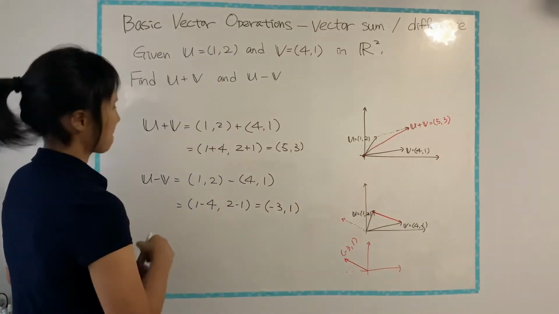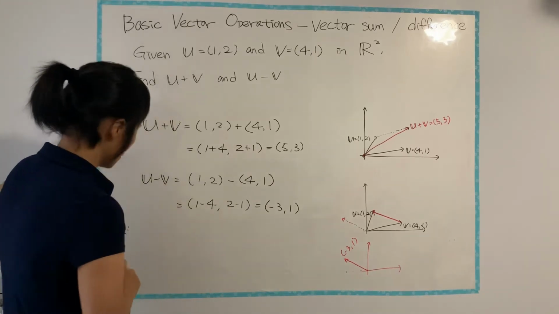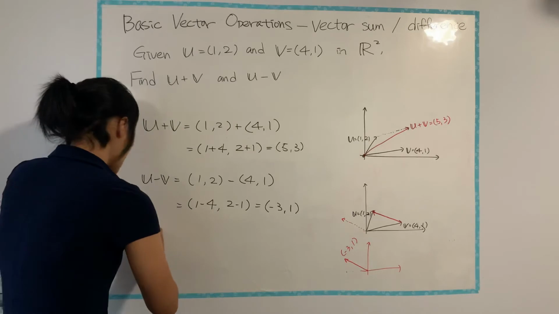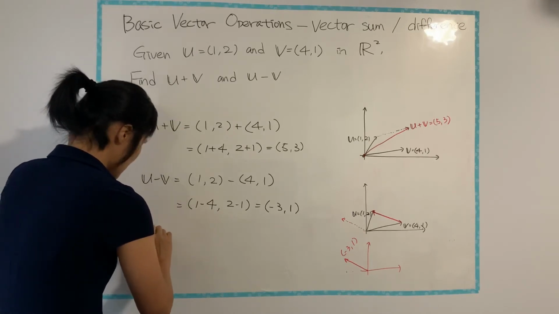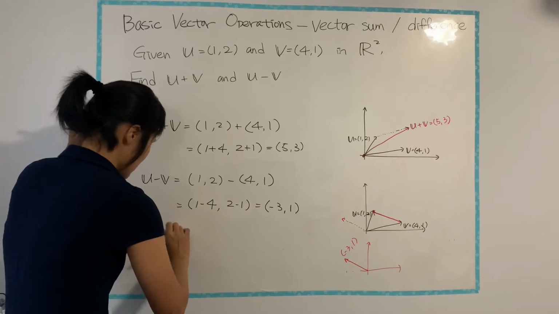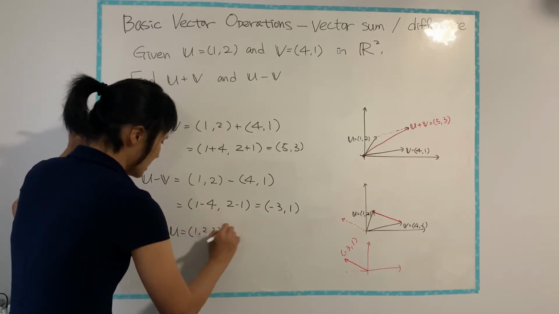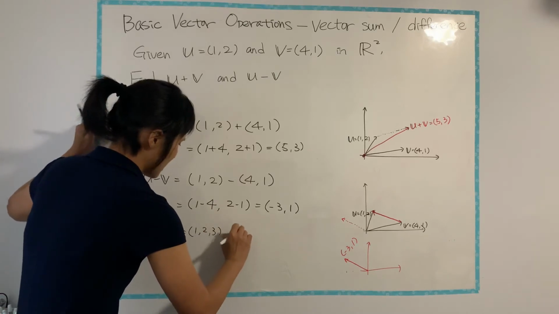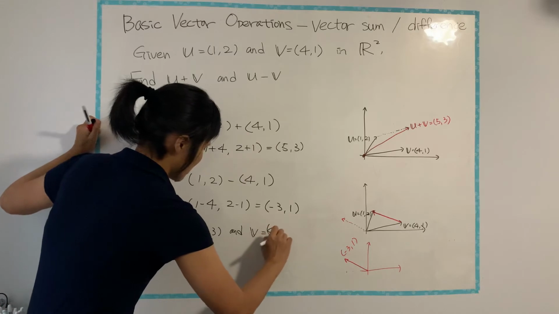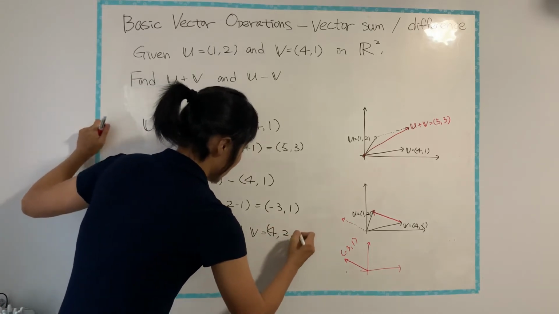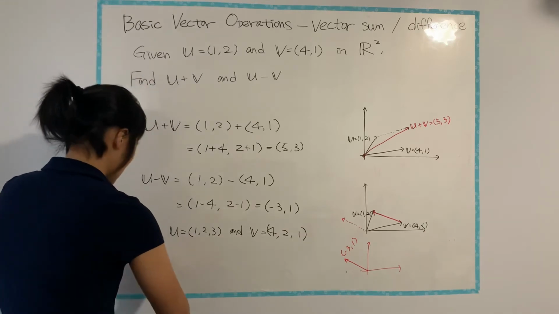All right, so question. If I have vectors u equals 1, 2, 3 and v equals 4, 2, 1. So now I have vectors in R3.